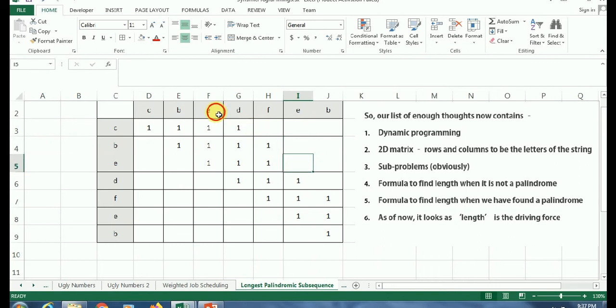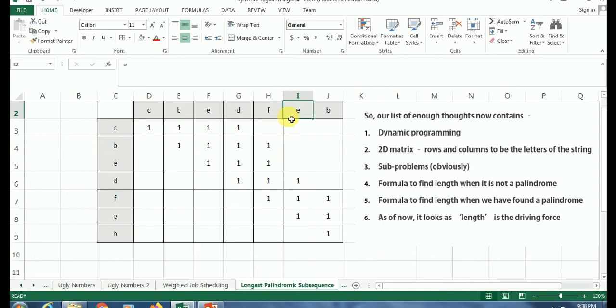Okay, now EDFE. So EDFE, now here E is equivalent to E. All right, that means point number 4 is not going to apply over here. Point number 5 is going to be applied over here because now we have a case of palindrome. So what was point number 5?